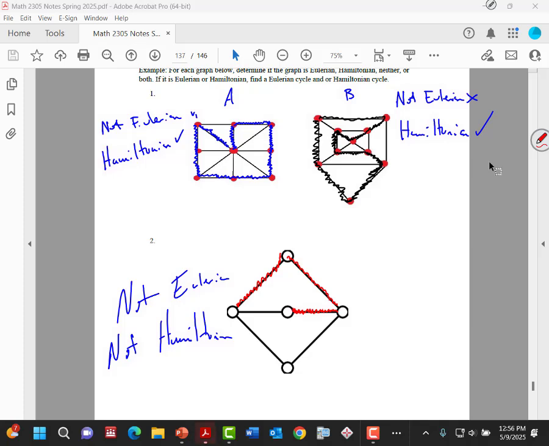If I go back to the center, then I will not have visited this vertex here at the bottom. So come down here. But then that's going to run into a problem because if I travel this way right here, I've already visited this vertex. So this graph is not Hamiltonian.